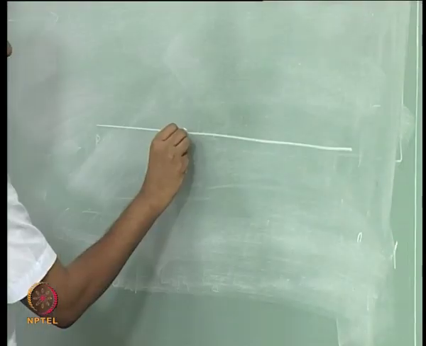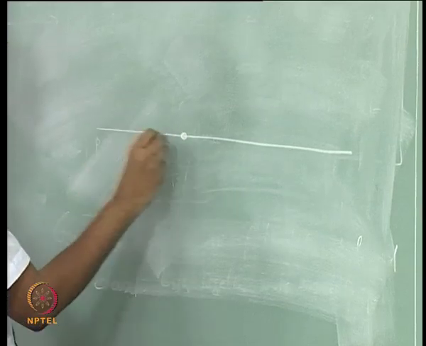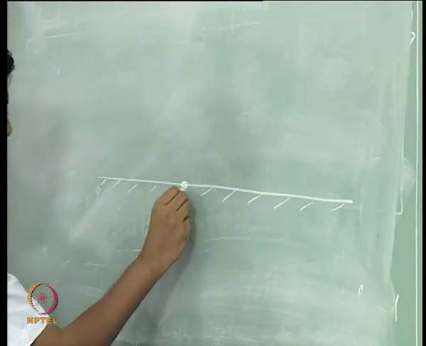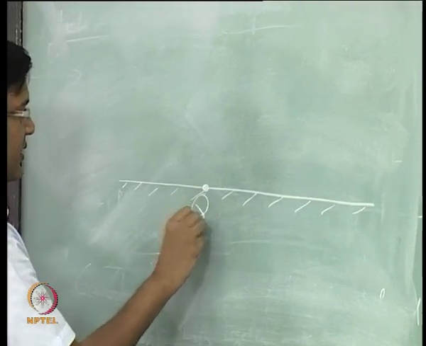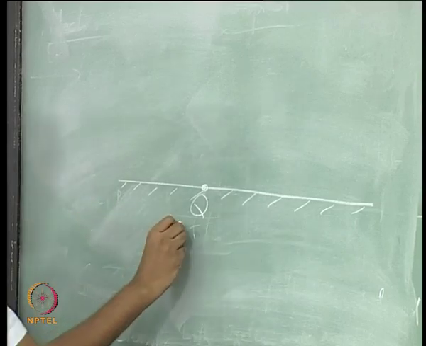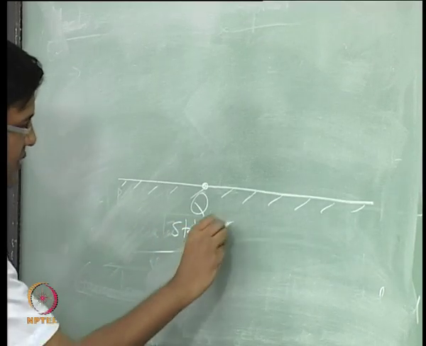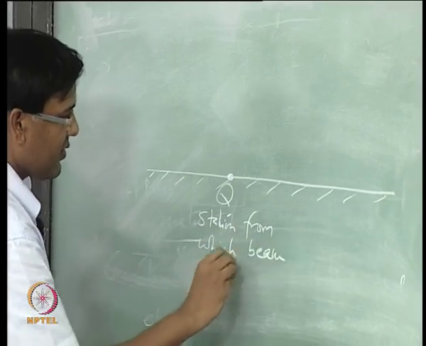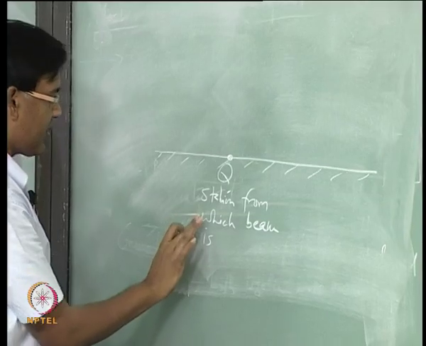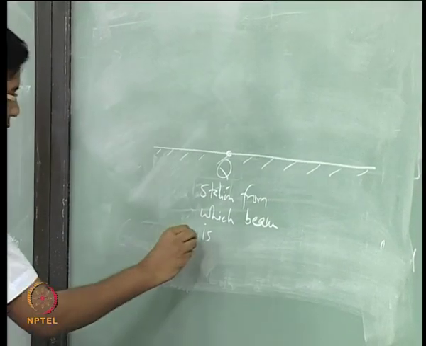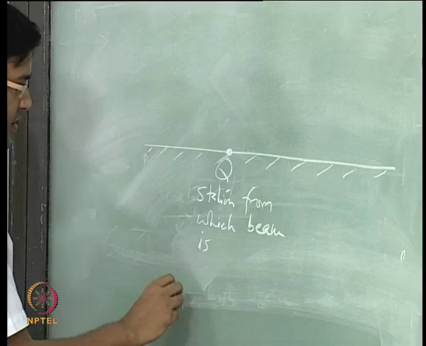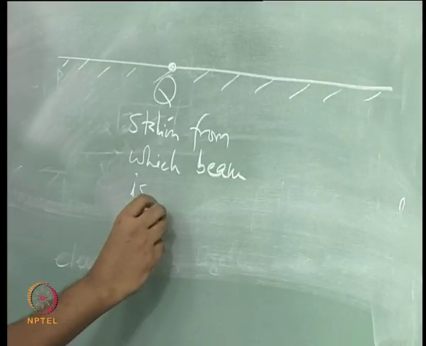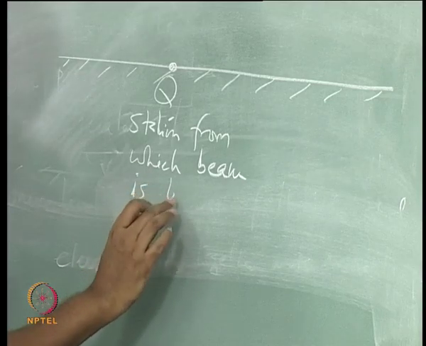So, this equipment, or the station from where the beam is thrown, is this. Okay.